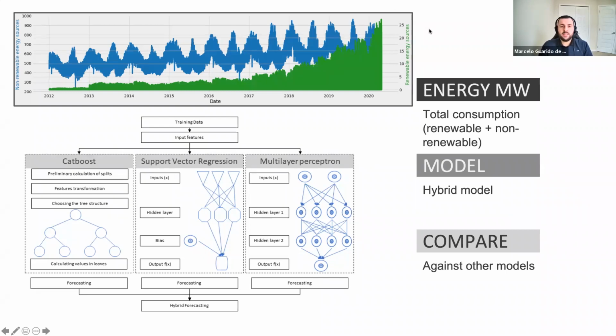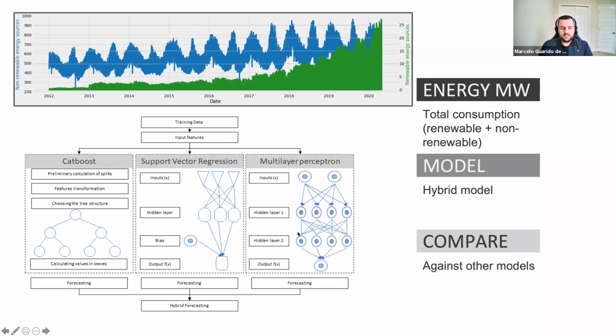And what I think was interesting in this paper is the machine learning model that they are using. They are using something called a hybrid model where they combine different machine learning algorithms. They are using CatBoost, which is a library in Python for gradient boosting, support vector regression, and a multi-layer perceptron, that's just a neural network.